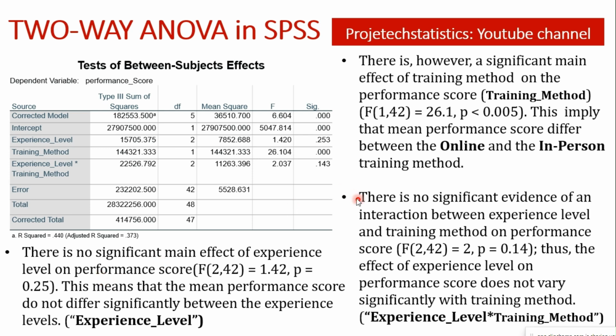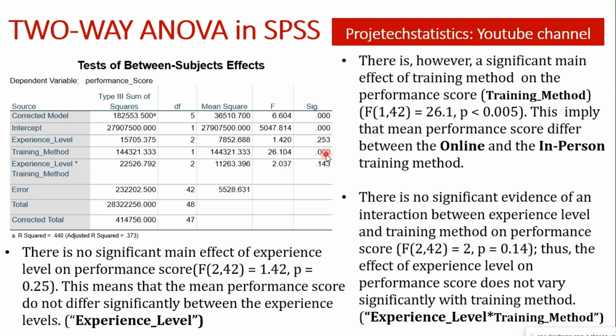Now you go to the other one, the training method. There is, however, a significant main effect of training method on the performance score. So you see that the p-value here is less than 0.05. So what it means is that training method had a significant effect on the performance score.